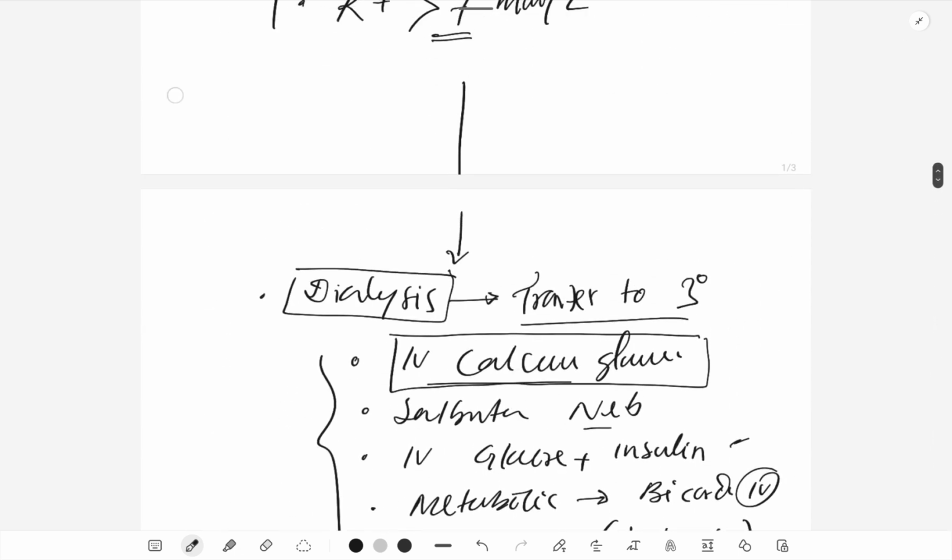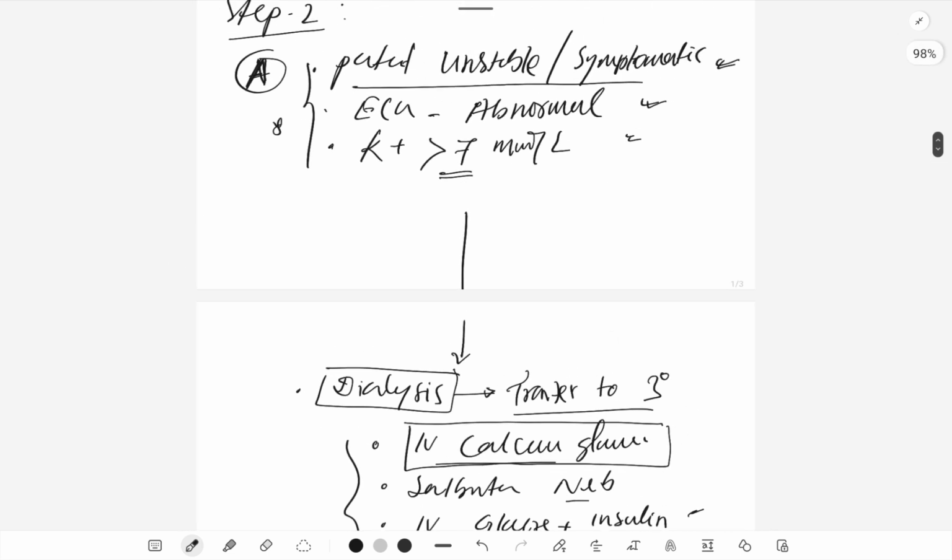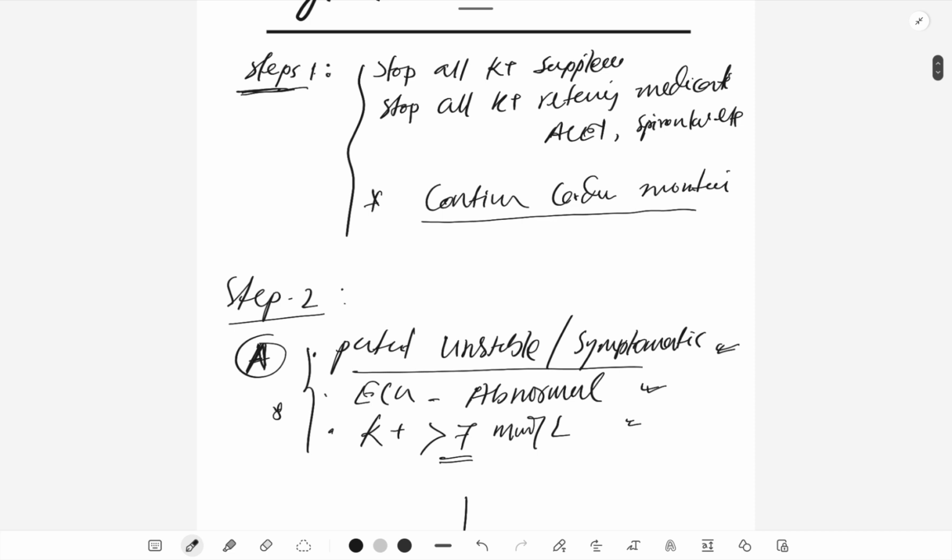In a nutshell, what is the take home message of this video? The take home message is, when will you consider IV calcium gluconate? IV calcium gluconate will be considered only in case of ECG showing abnormal features of hyperkalemia, patient clinically unstable, potassium level more than 7.